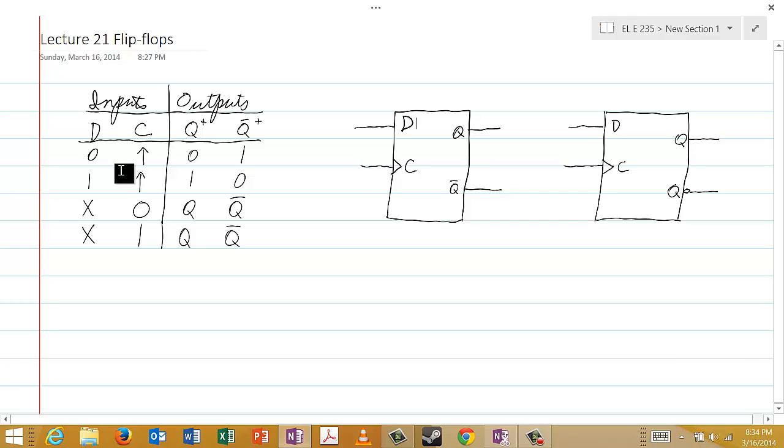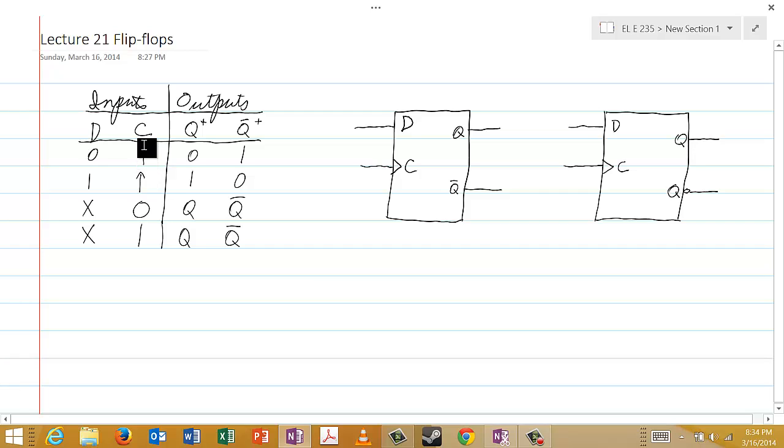What this says is the following. When the input D is equal to 0, when the clock goes from 0 to 1, this is the positive edge, or some people call it the rising edge.